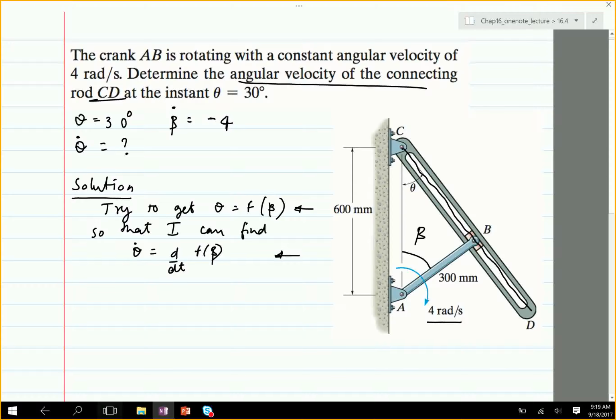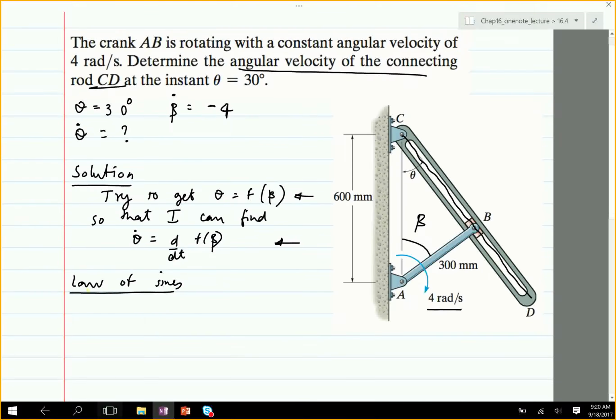I could use the sine rule, right? The law of sines says that 0.3 divided by the sine of the side opposite, which is sine of theta, equals 0.6 divided by the sine of this angle here.